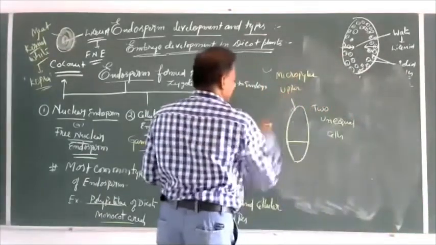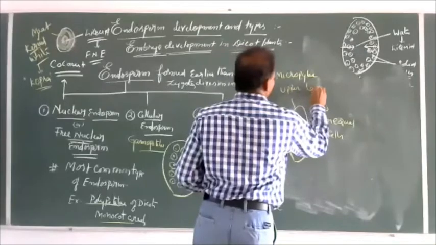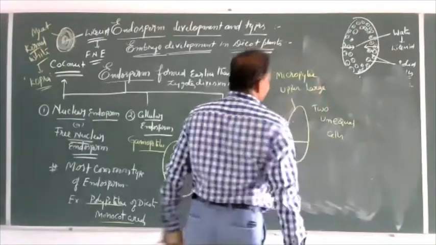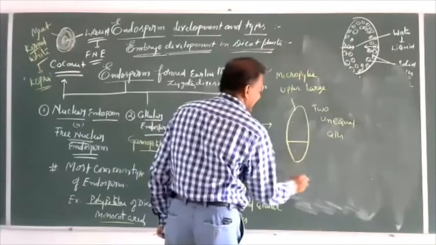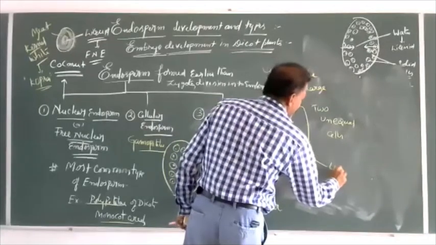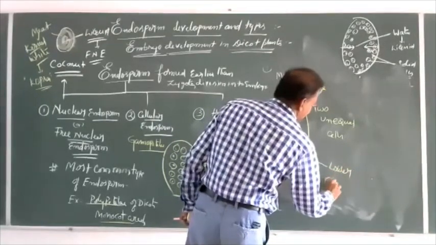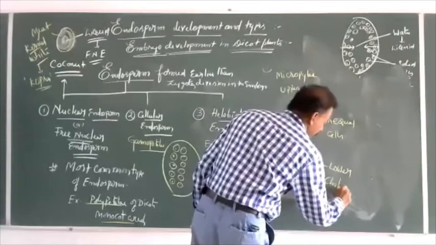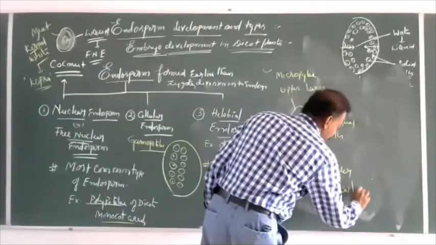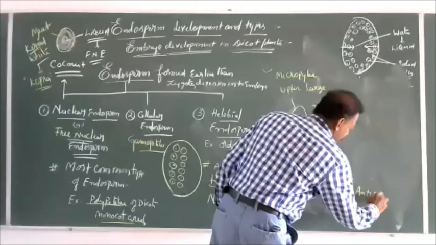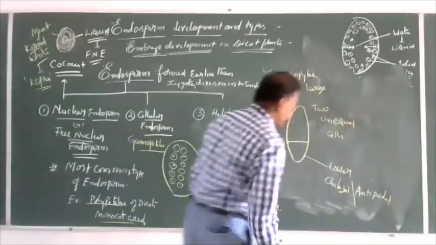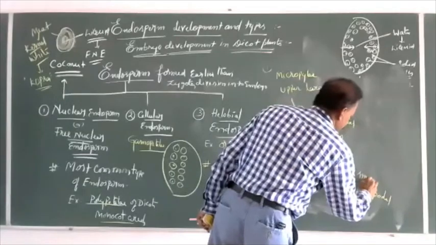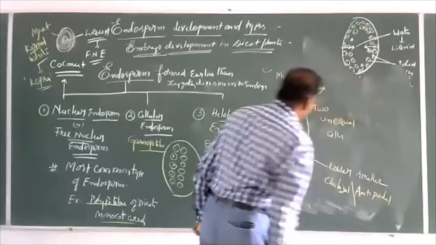It is large. The lower cell, chalazal or antipodal, is the smaller cell.